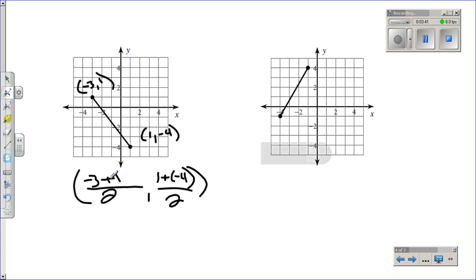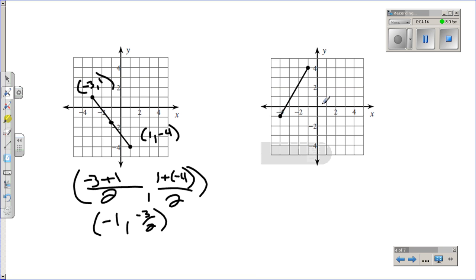Alright, so -3 plus 1 is -2, and -2 divided by 2 is -1. 1 plus -4 is -3, and -3 divided by 2 is the same as just saying -3 over 2. So that would be the midpoint, which if we look at that real quick, -1 and -3 over 2 hits right there. That is the midpoint.